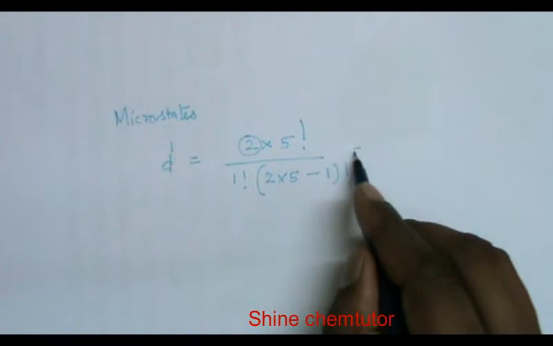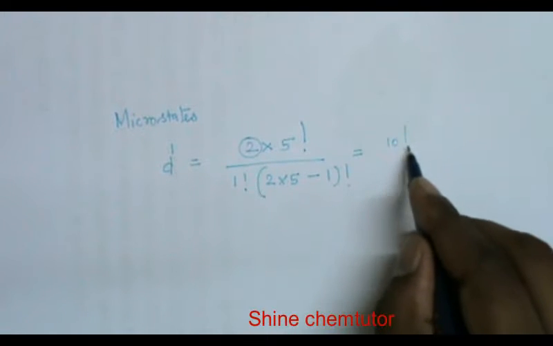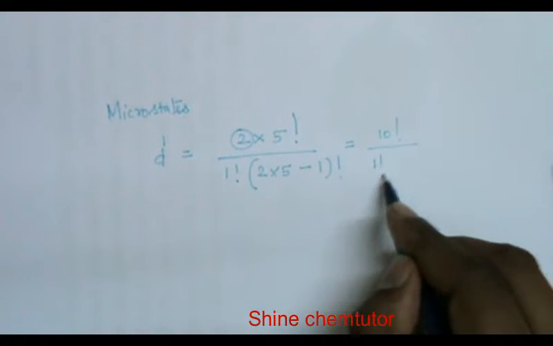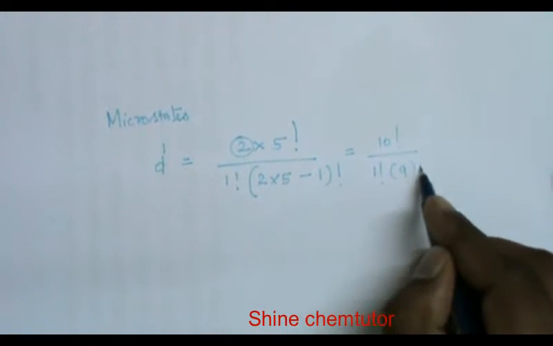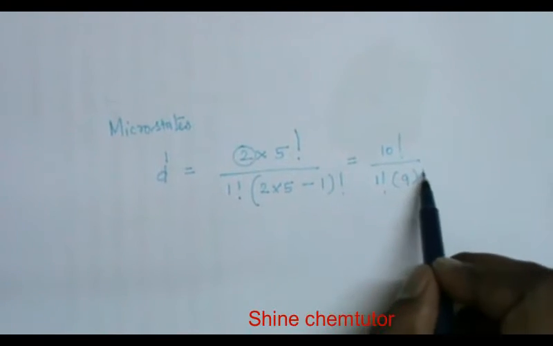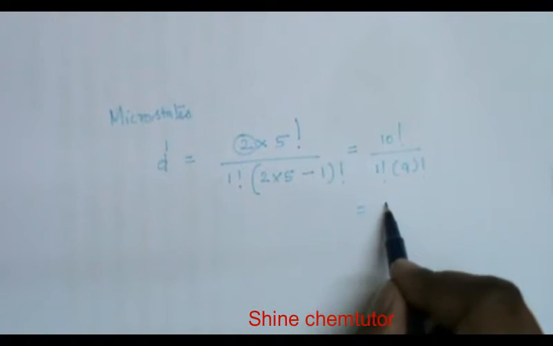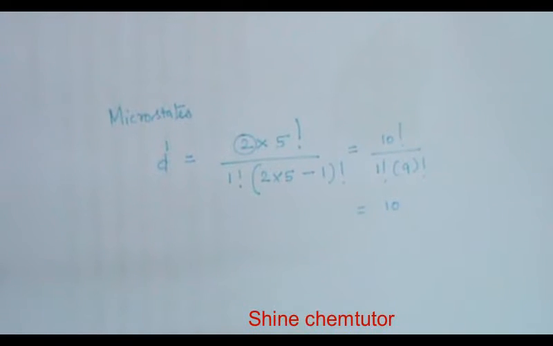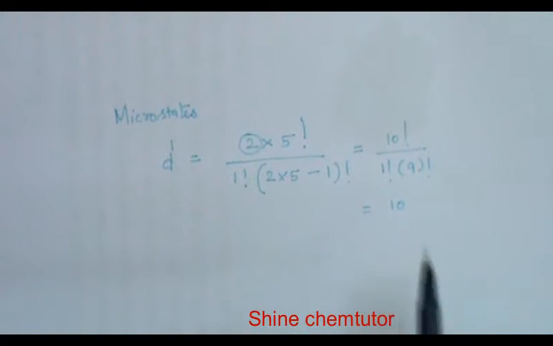So what I get is 10 factorial here, 1 factorial, 9 factorial. Since it is 9 factorial, we will get only 10 as the answer. So for D1 system, we get 10 microstates.